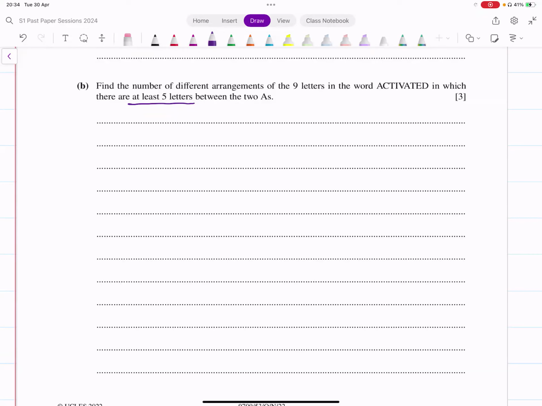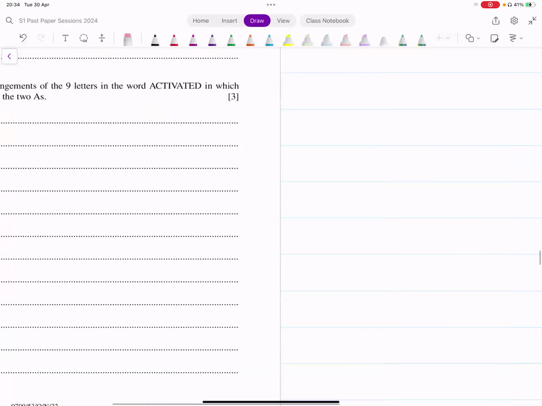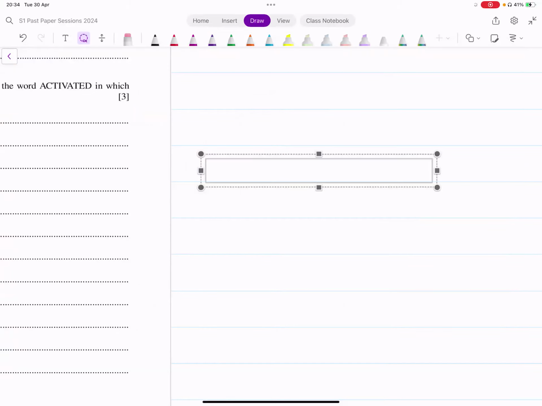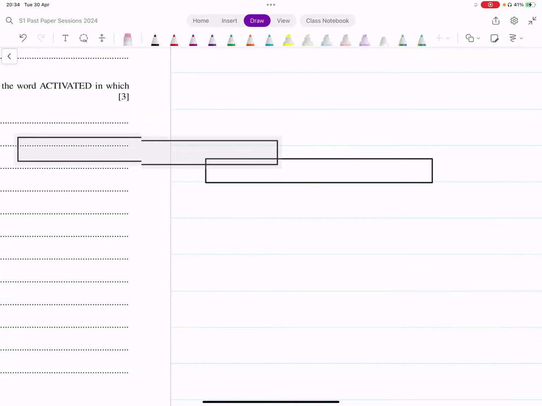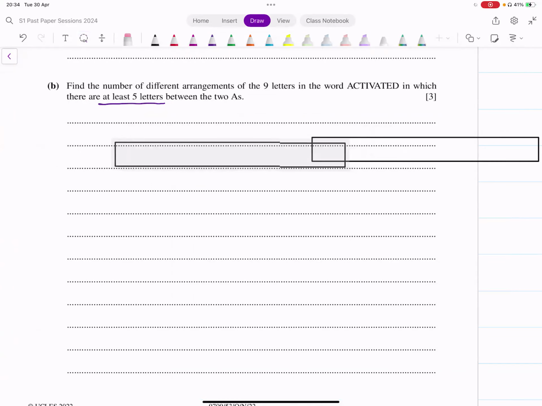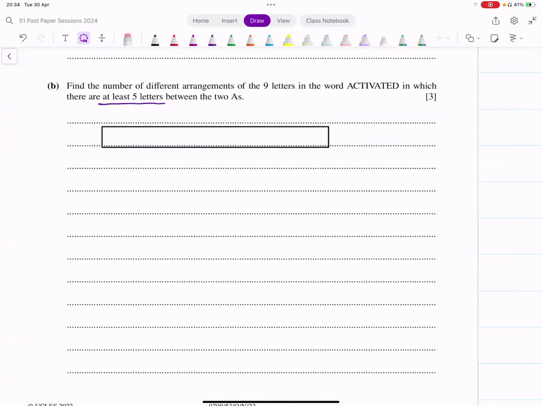Okay, now how do we think about this? There are 9 letters in total. Let's say we've got 9 boxes like this for those 9 letters. Okay, these are the 9 boxes that we've got.